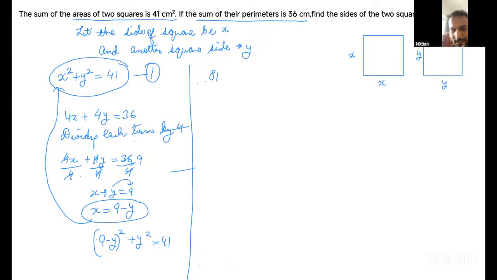Then in the denominator it's 16, no? It's not 4. No, it's not correct. Why is it not correct? You can see in the above step, when you square the denominator, what will it become? 16, no? I haven't squared it yet, sir.